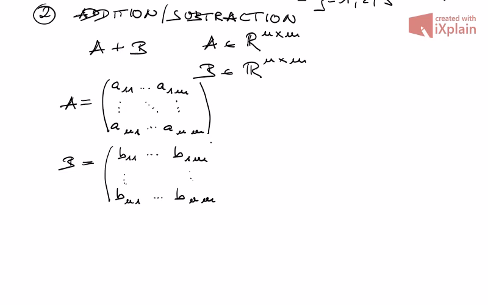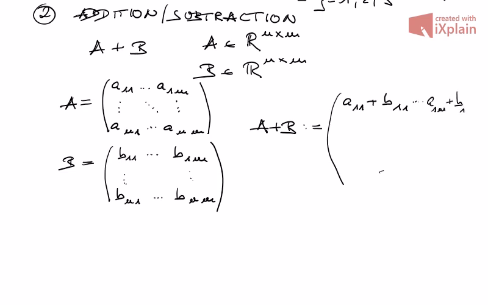And then if this is fulfilled, so if we have two matrices of the same size, we can actually add them. So A plus B is then defined as the matrix in which you add the elements. You do the same thing everywhere. Here you have A_1m plus B_1m, A_n1 plus B_n1, and A_nm plus B_nm.